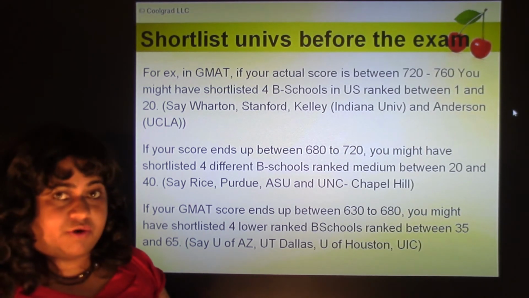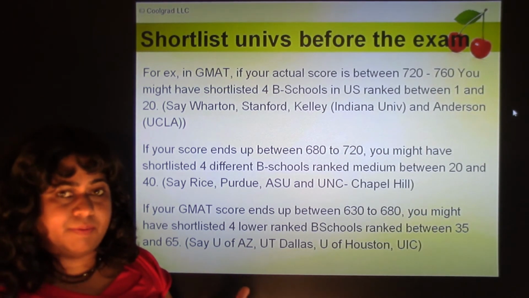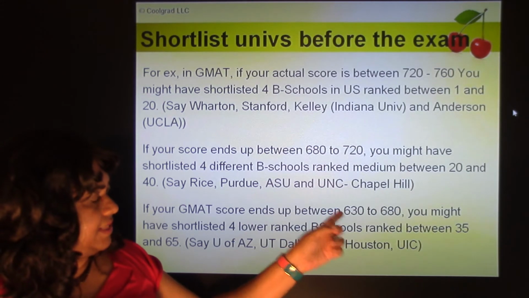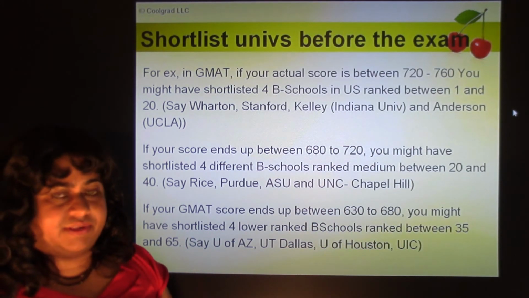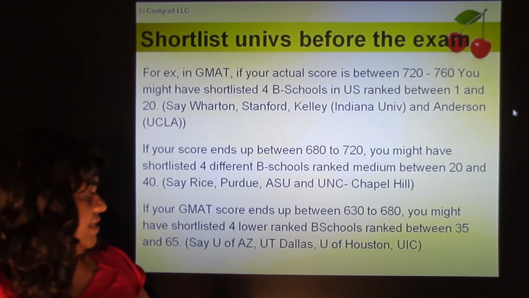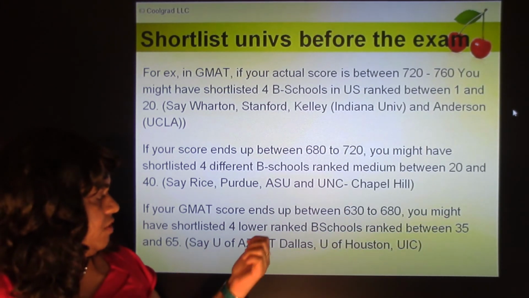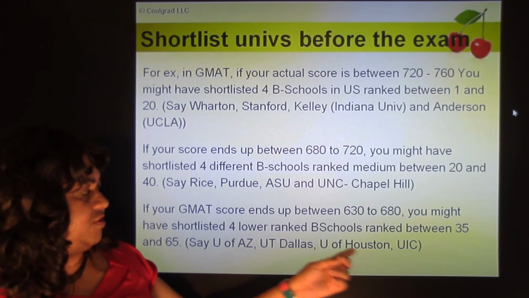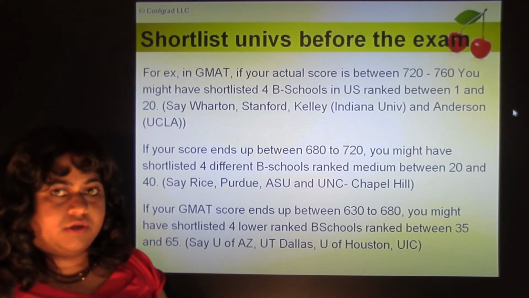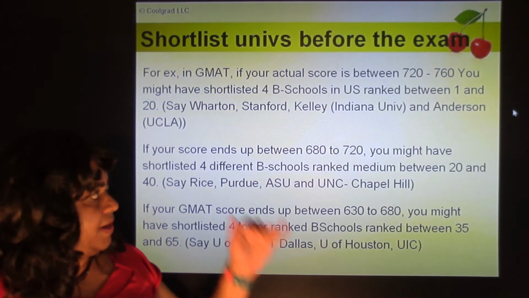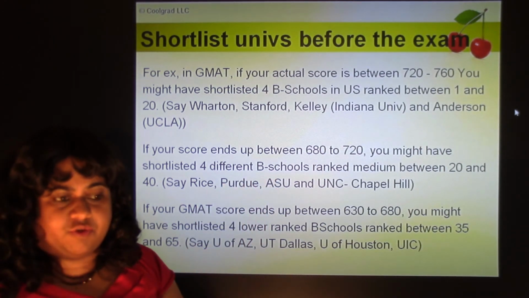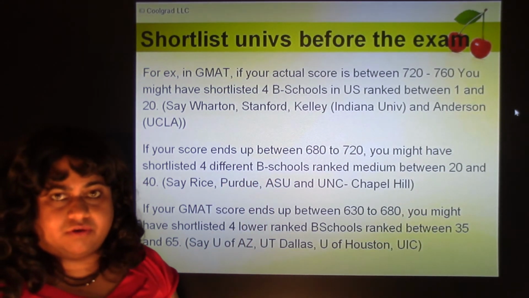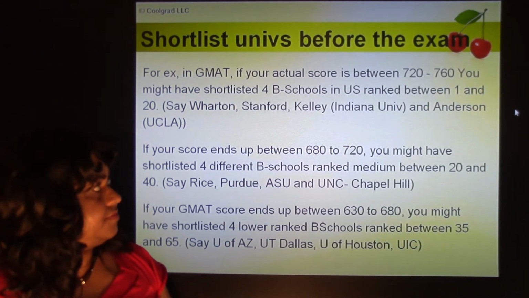Suppose your GMAT score actually ends up between like 630 to 680 out of 800. Then you want to apply to slightly lower ranked universities between 35 and 65. For example, University of Arizona, University of Texas at Dallas, University of Houston, or University of Illinois Chicago. Those might be the 4 you shortlisted. Depending on what your score is probably going to be, you have to have different sets of universities shortlisted, and you apply to these 4. Okay? I hope you get it.